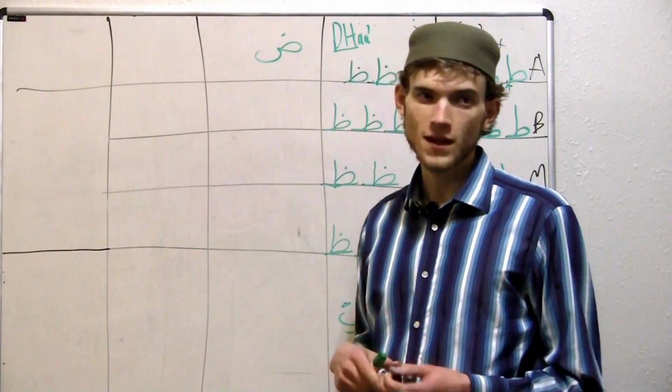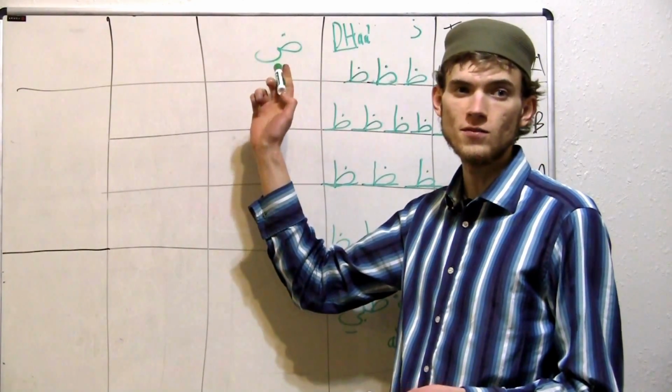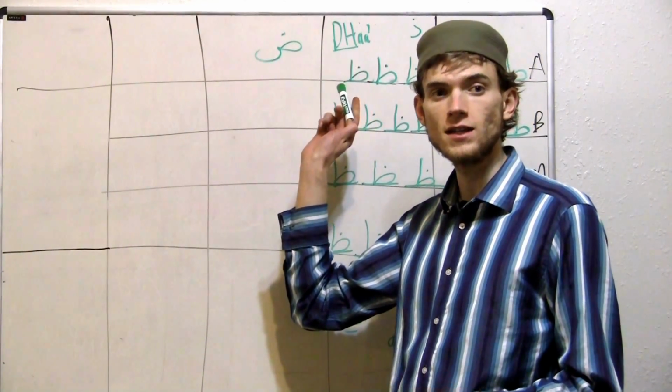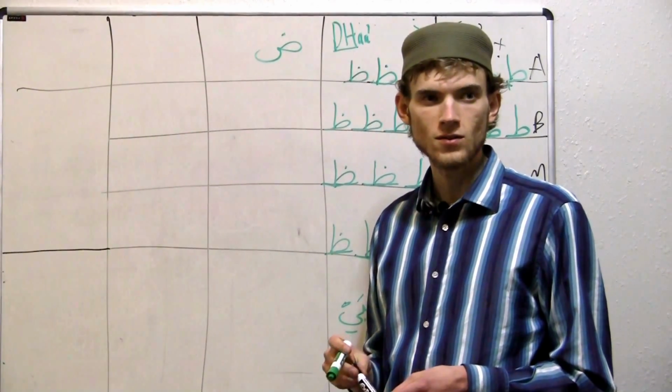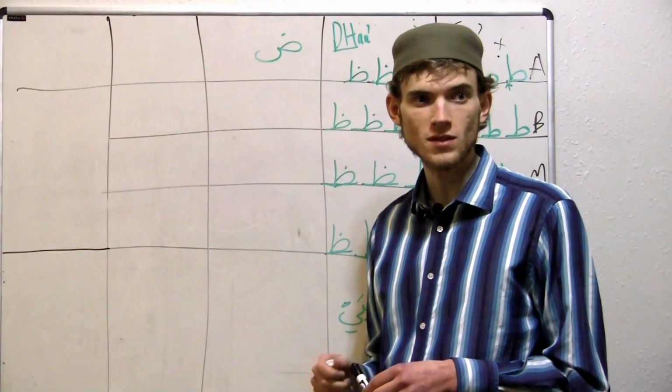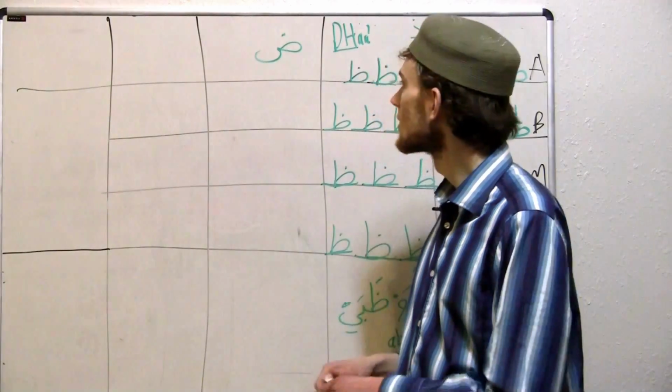Hence, the end of the Fatiha: وَلَا الضَّالِّينَ. If we say it with the wrong letter, it means and not the ones remaining, which completely changes the meaning.